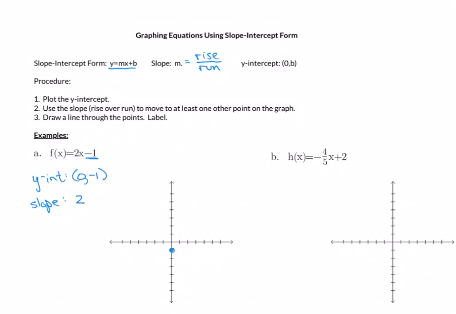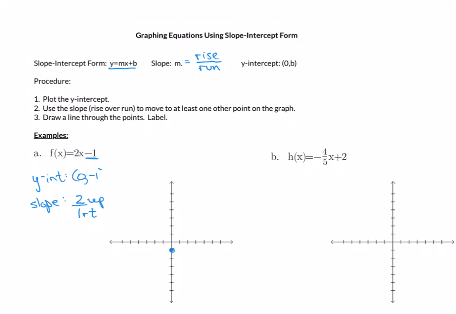And when we talk about graphing, we want to think of this as a fraction. So I'm going to write this as 2 over 1. So in order to move according to our slope, we're going to start at our y-intercept. I want to go 2 up and 1 right.